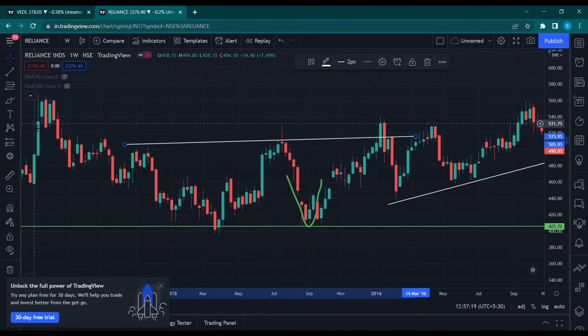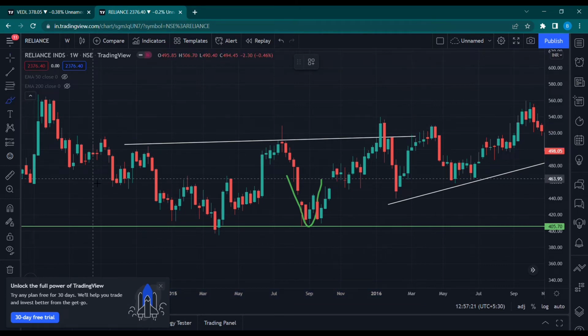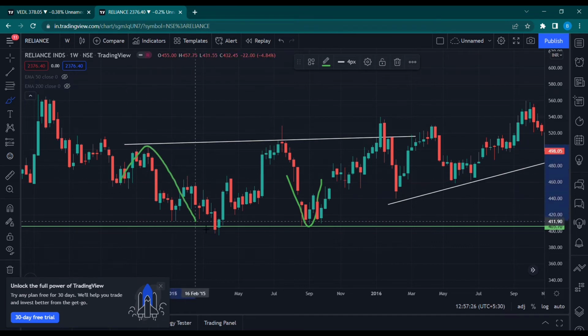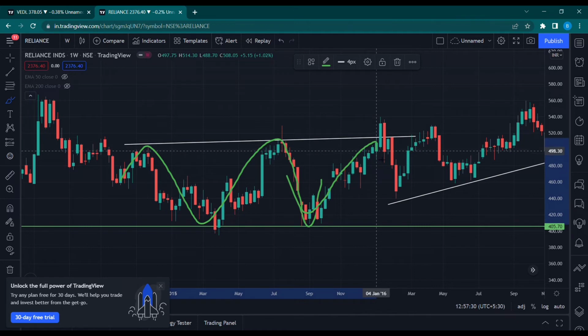So in this section, you see prices are rejecting the resistance and bouncing off from the support, right? So this actually indicates what? This indicates a range bound market, right? So we have three types of market, right?